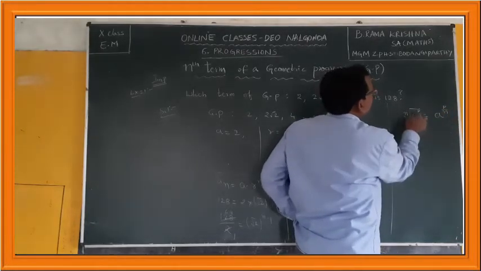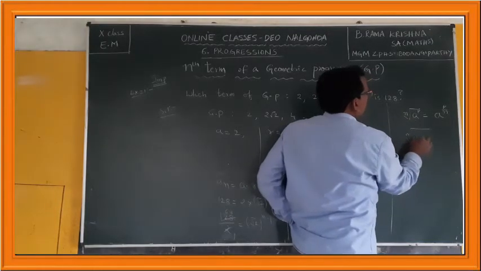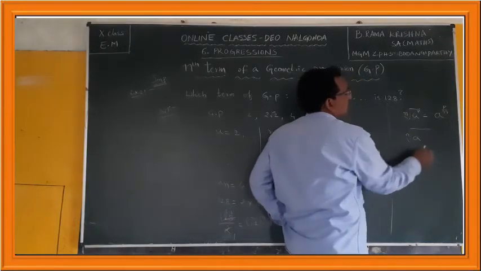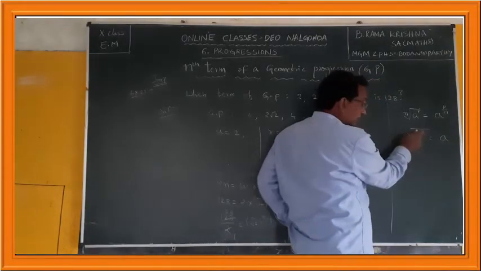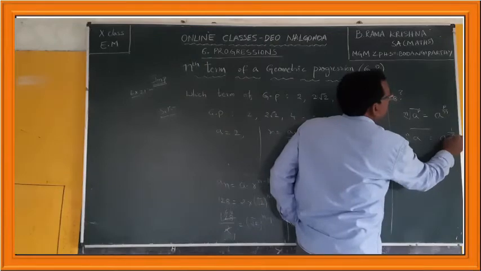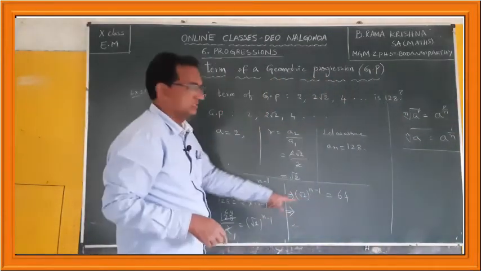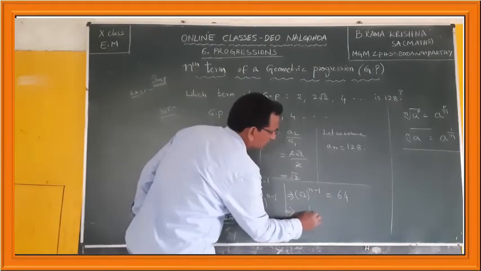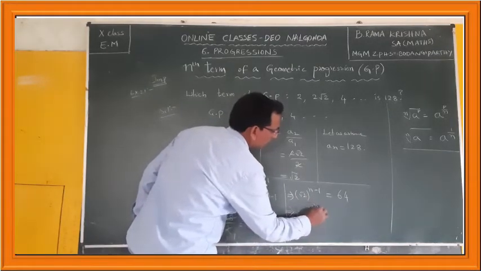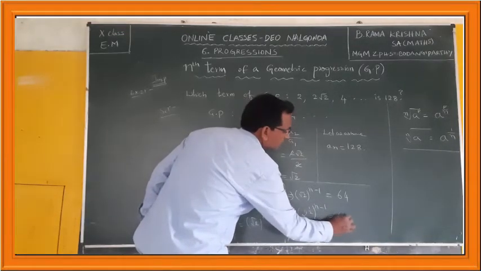If there is nothing, no power here, you have to assume that there is 1, so 1 by n. If you understand these things, you can change this. So how do you change it now? 2 to the power of 1 by 2, whole to the power of n minus 1, equals 64.